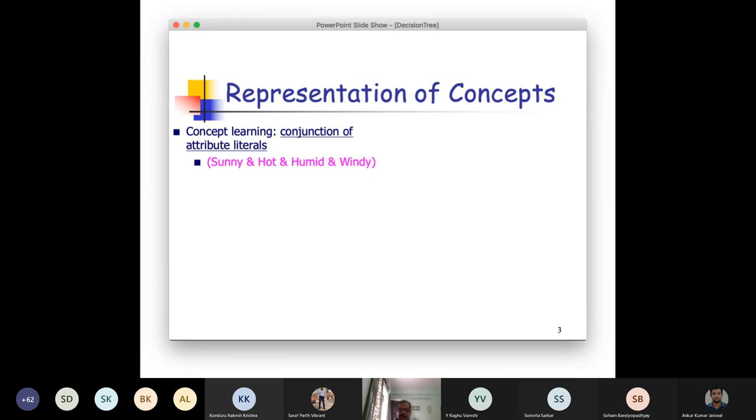So these are the literals. If it satisfies this condition, then only the output would be 1, or true. Otherwise, it would be false.